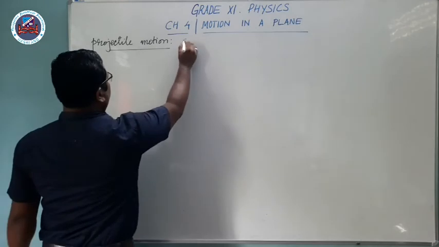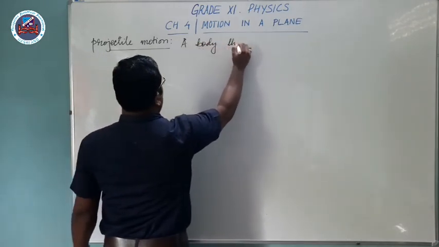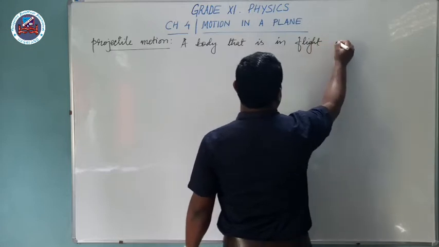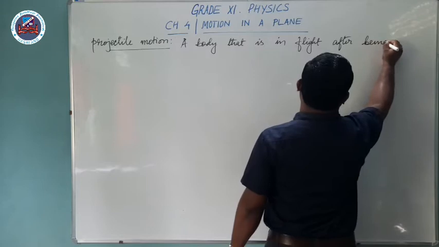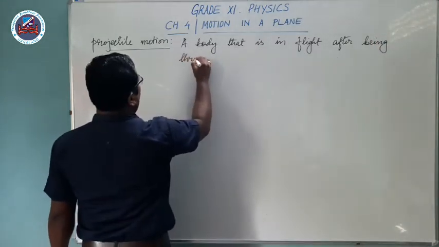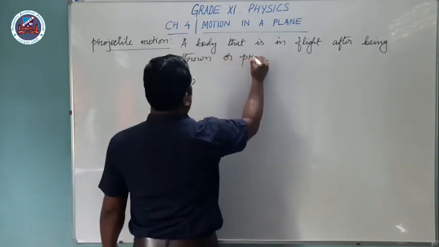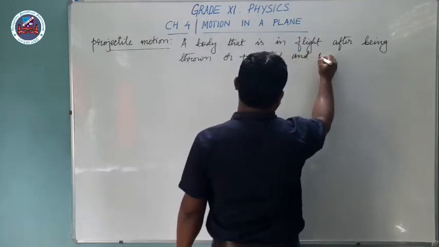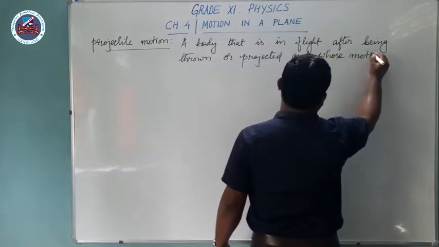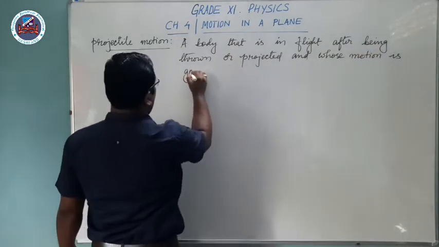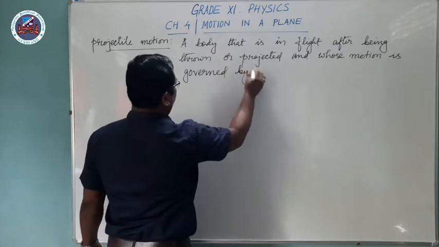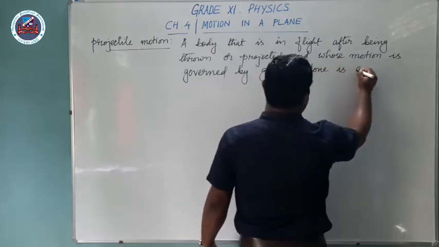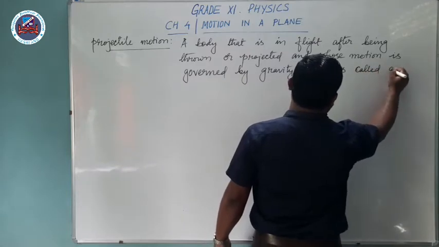A body that is in flight after being thrown or projected, and whose motion is governed by gravity alone, is called a projectile motion.